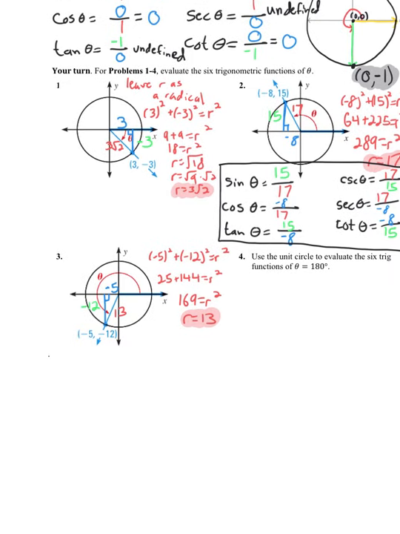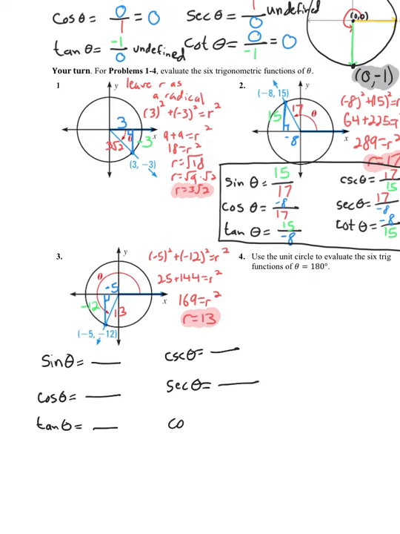Okay. For problem number 3, we'll do the same thing. Set up all 6, sine, cosine, and tangent. Cosecant of theta, secant of theta, and cotangent of theta.